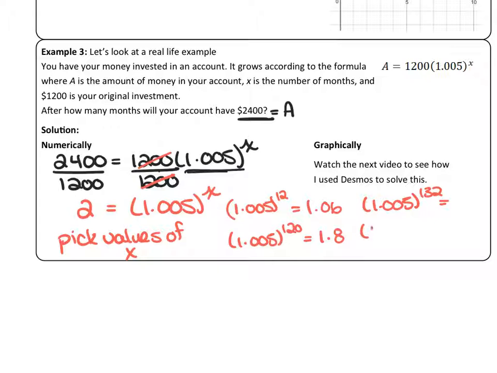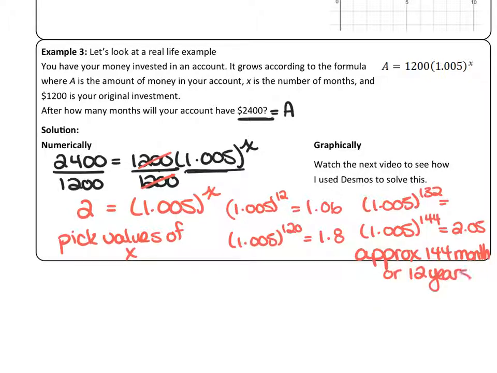But then I did 1.005 to the 144, which is 12 years, and I got 2.05. So in this case, we could say that it takes approximately 144 months or 12 years for the money to double.